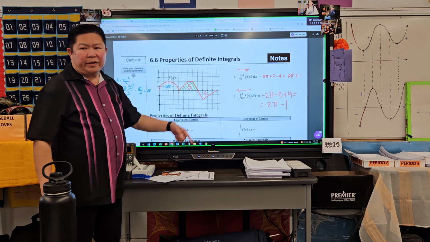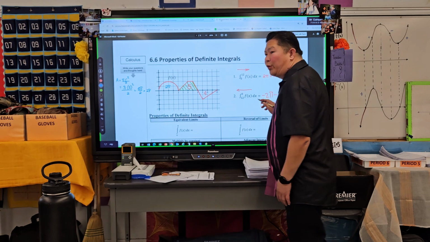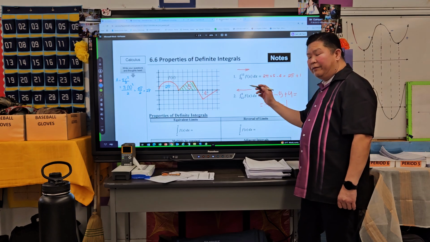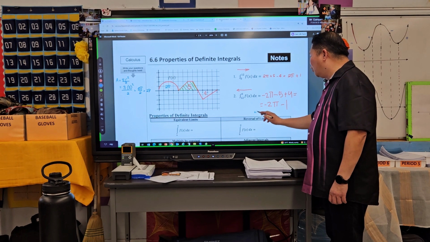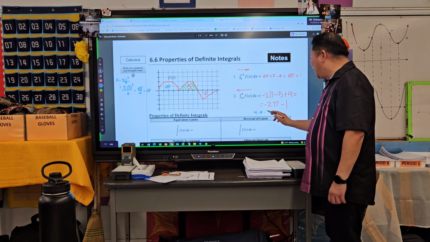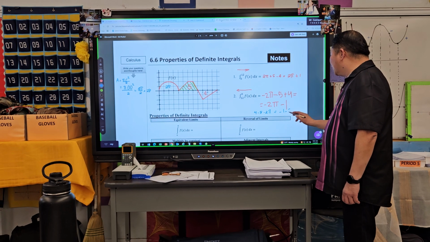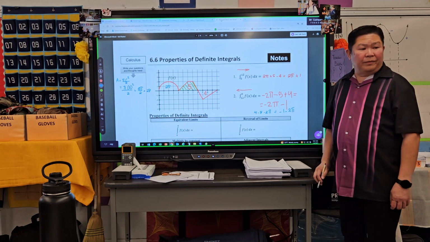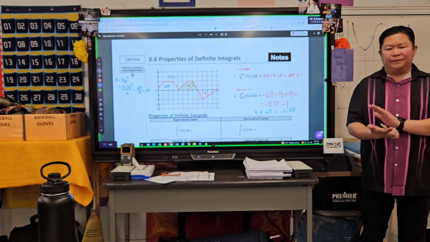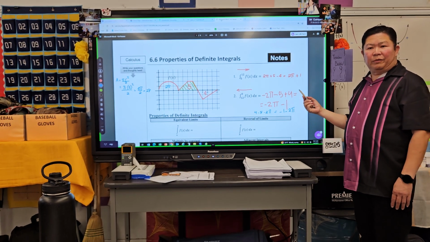But since this is coming from right to left, you can also rewrite it: we now say 4 minus 5 minus 2 pi, which means negative 1 minus 2 pi. They are just the same. Again, shall we give Sam a round of applause? Any question?